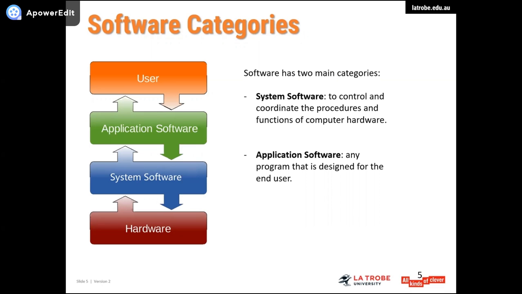These are the two main types of software. The system software is used to control and coordinate the procedures and functions of computer hardware. And then there is application software. Application software is any program that is designed for end users.